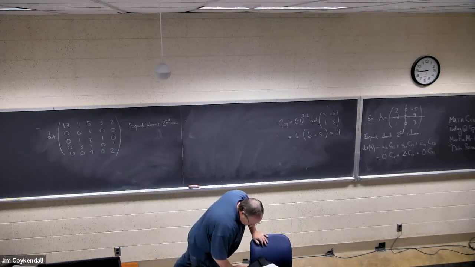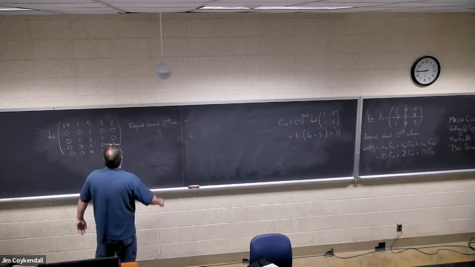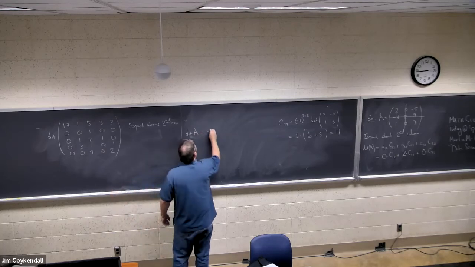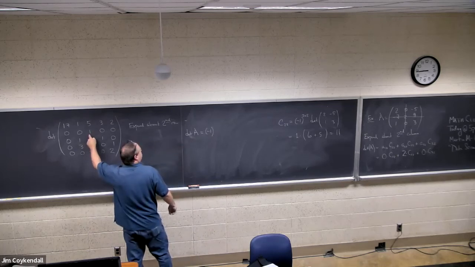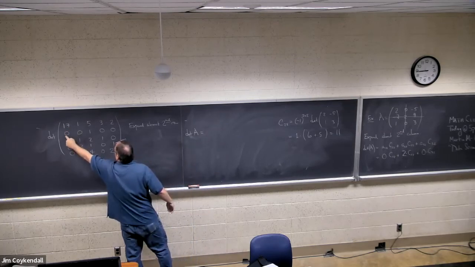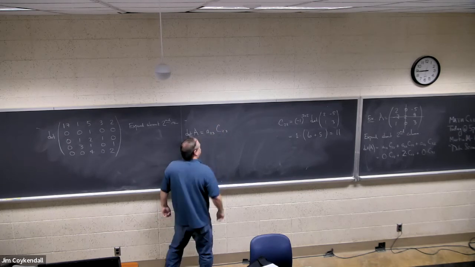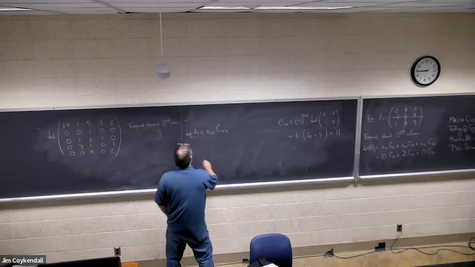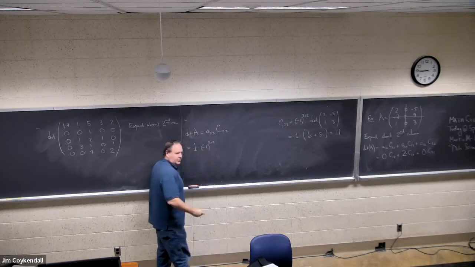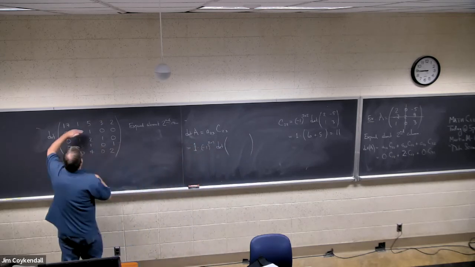Expanding about the second row, we'll get 0, 0, 0 for most of the terms. Calling this matrix A, it's going to be the second row, third column entry. So A23 is 1, and this cofactor has (-1) to the 2 plus 3, so that's going to be negative, times the determinant of what I get when I remove this row and this column.